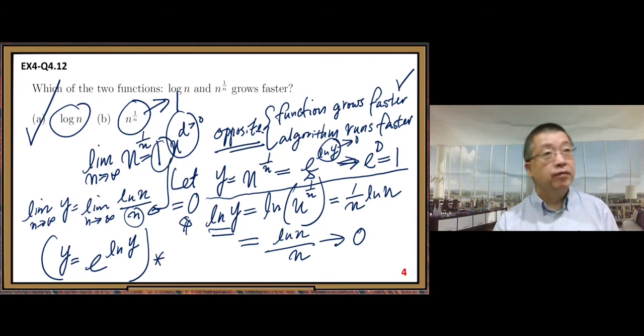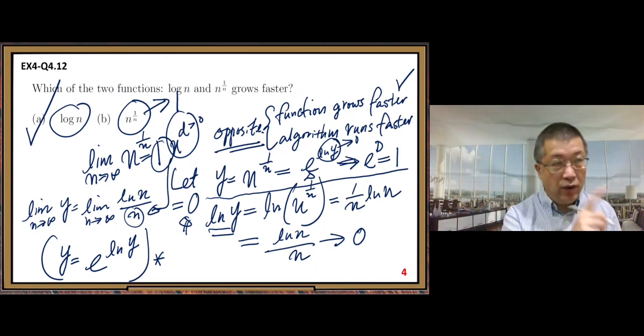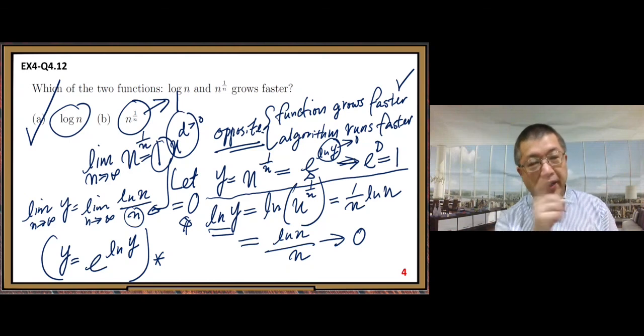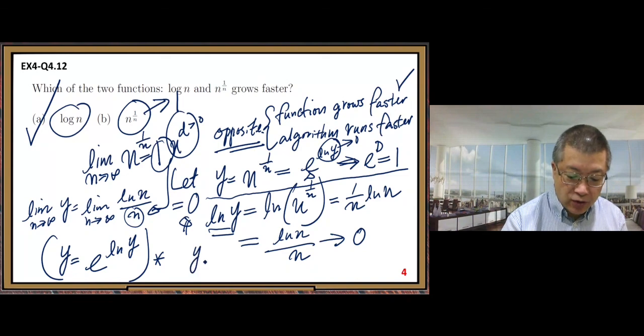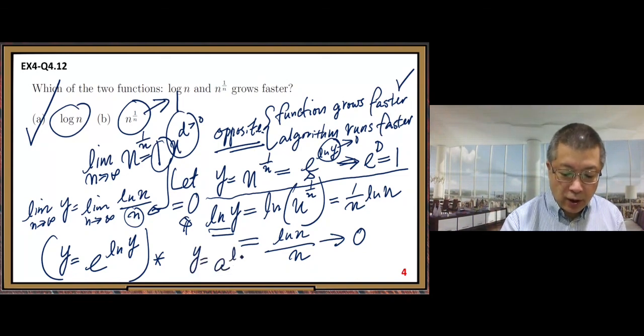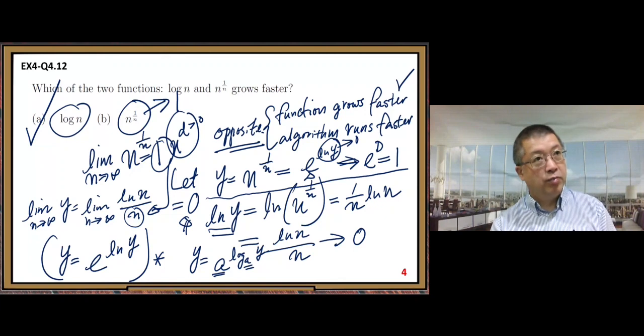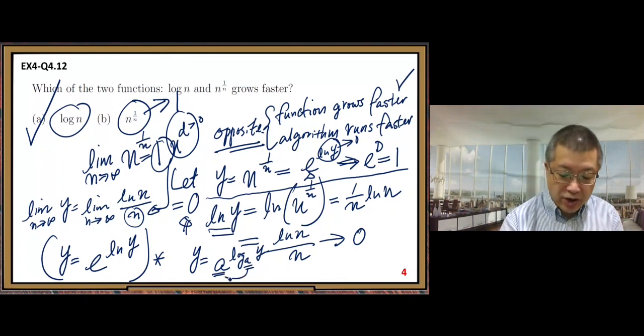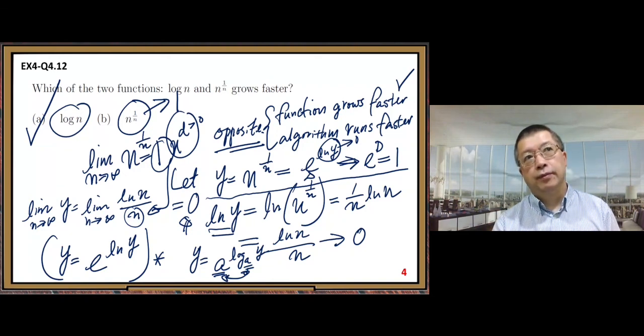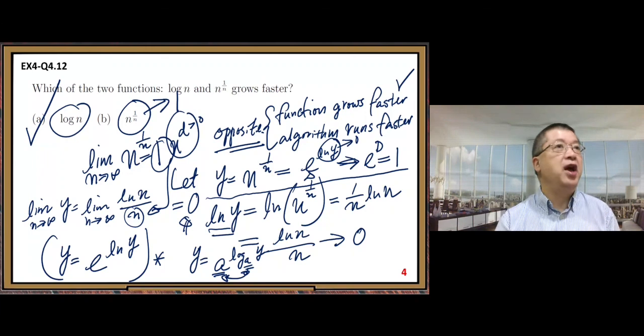Later in this part E, I will explain another formula: y equals a to the log base a of y. If the log base and the exponential function base are the same, then these two expressions are the same.